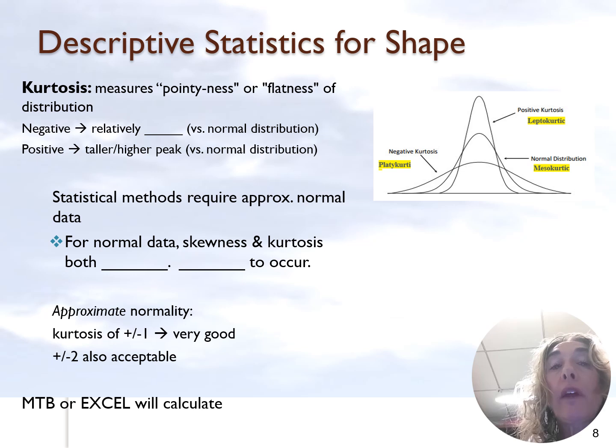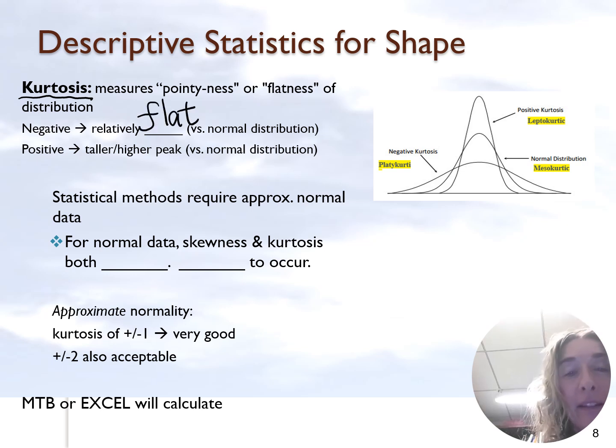There is a second descriptive statistic that measures the shape of a distribution, and it's that of kurtosis. Kurtosis measures either the pointiness or the flatness of a distribution. If software calculates a negative kurtosis value for you, that means your distribution is relatively flat compared to the normal distribution.